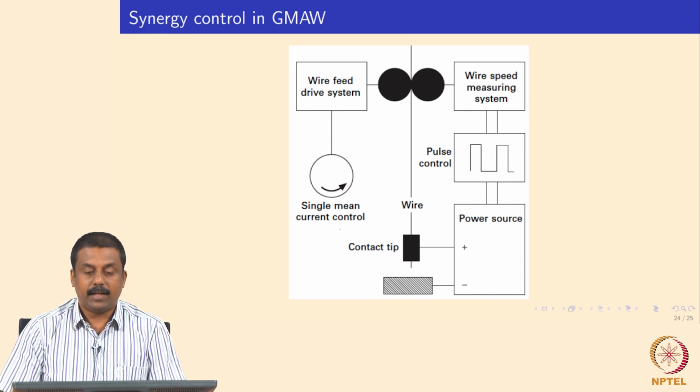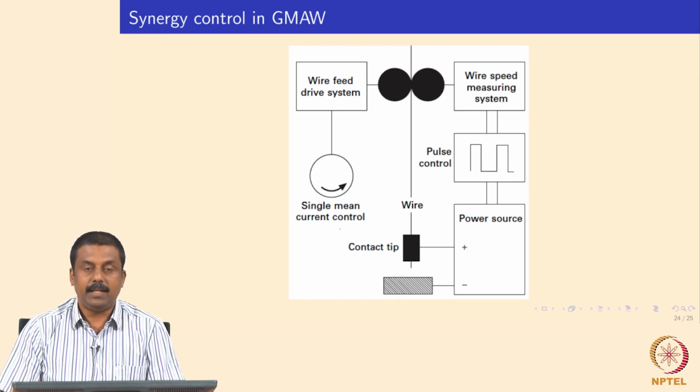For example, in the CMT process, the cold metal transfer process, the wire feed rate, the voltage, and the current should all be synchronized in such a way that whenever the short circuiting happens, the voltage of the system is measured, and the moment we measure the voltage close to 0, we identify the short circuiting event, and simultaneously the current has to be minimized, and then the wire is subsequently retracted.